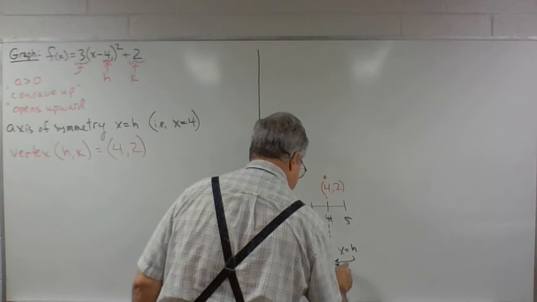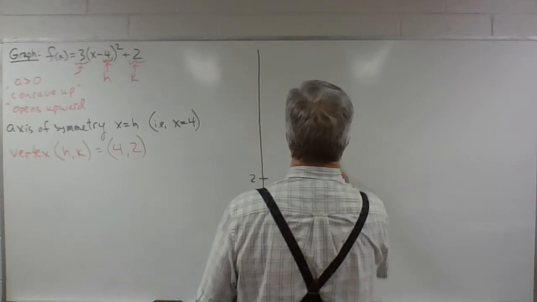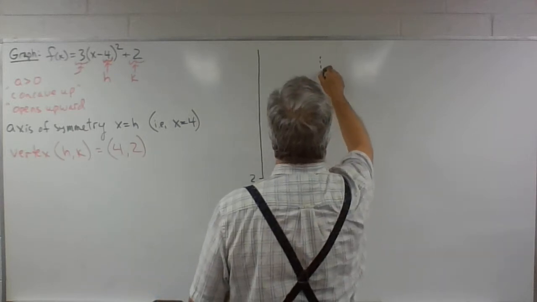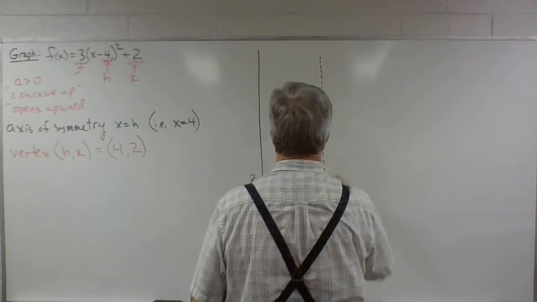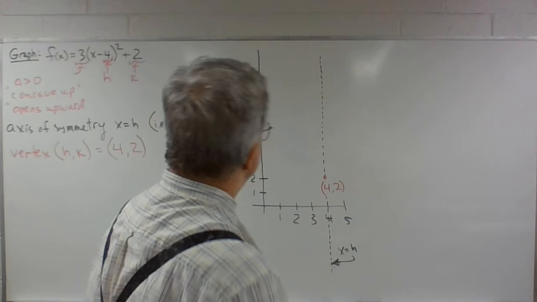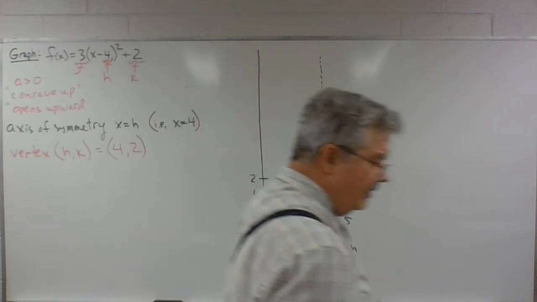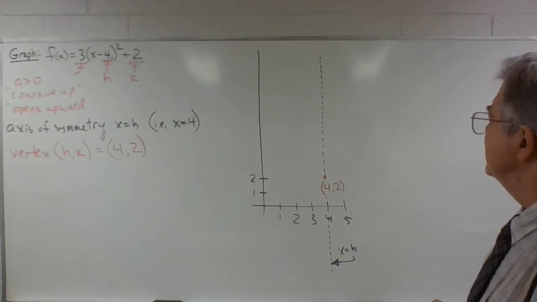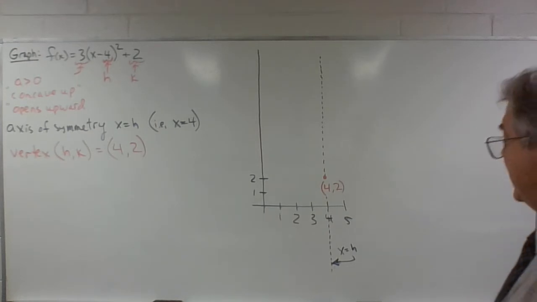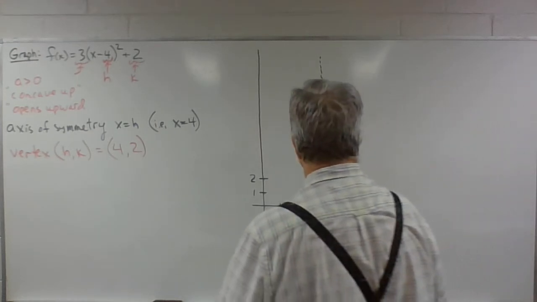Well, my intentions were good anyway. Yeah, that kind of looks vertical. The same way that the Leaning Tower of Pisa is vertical. So here's my axis of symmetry.